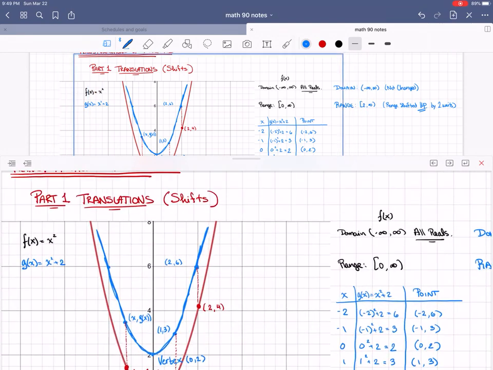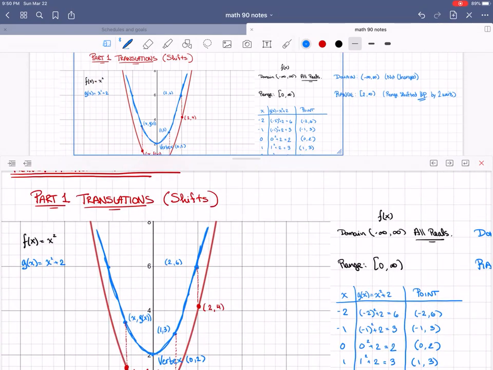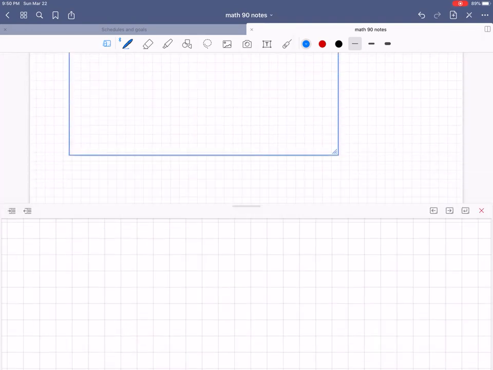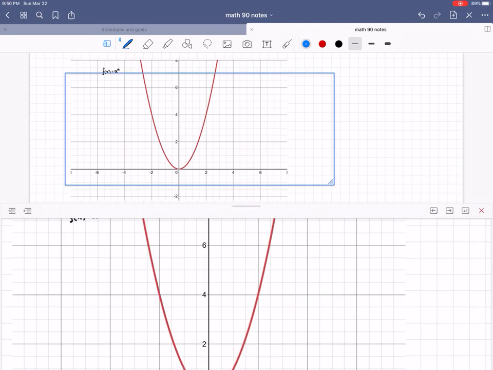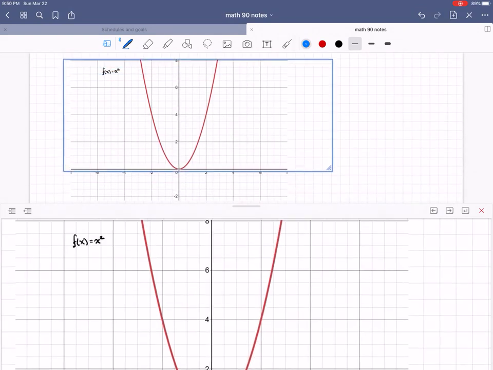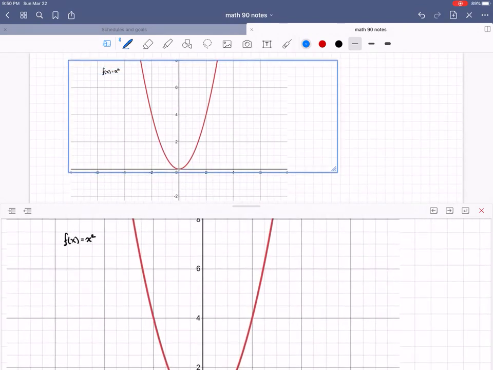All right, so let's go to the next page, and I want to continue this. You'll notice I already have f of x equals x squared waiting for us. There it is. And we are once again going to graph another function, but this time we're going to look at g of x equals x squared minus 3.